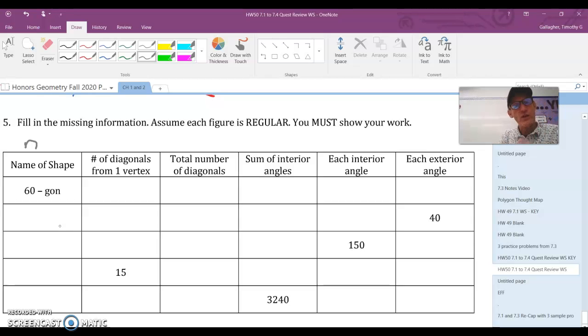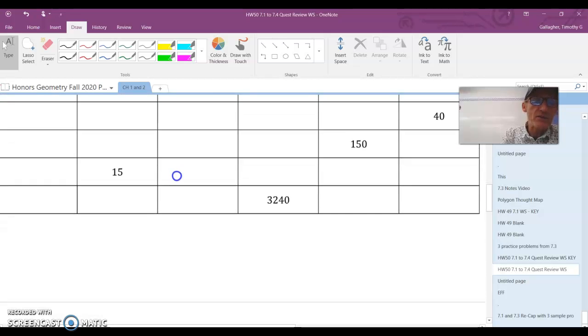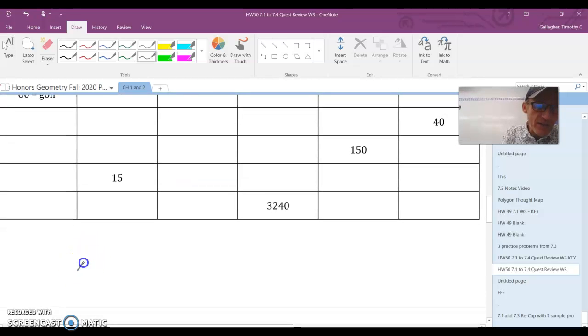Okay, so the number of diagonals is N minus 3. Because with a diagonal, if I want to draw a diagonal from one vertex, I have N minus 3 places to go because the number of vertices is N, right?